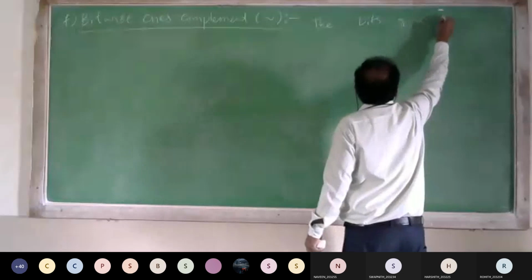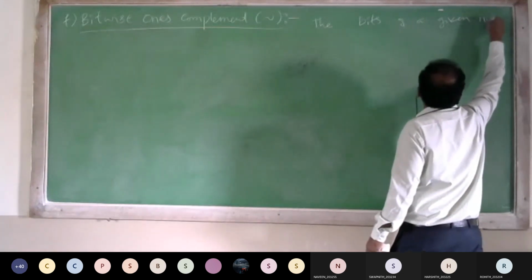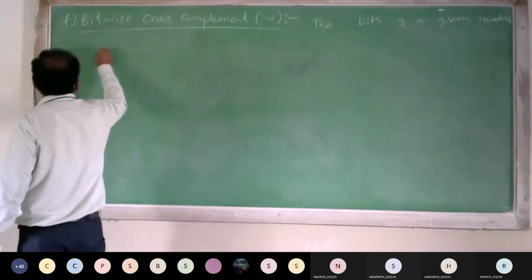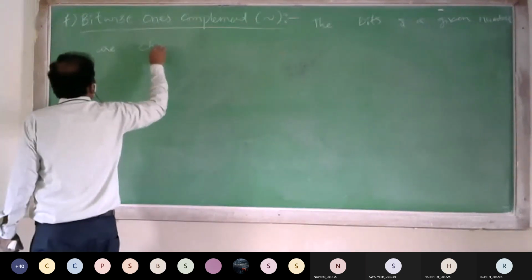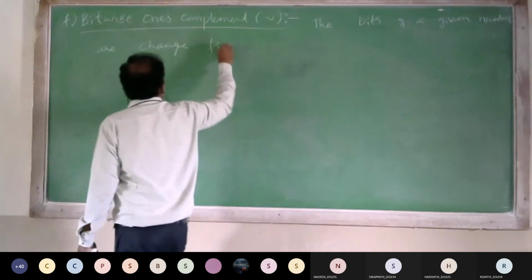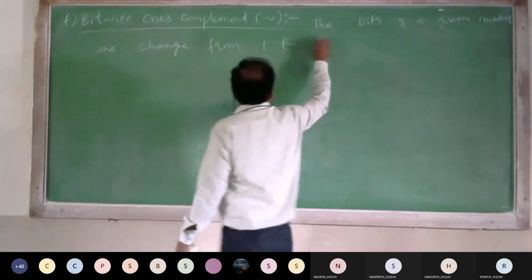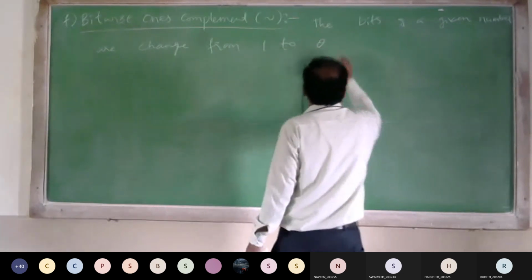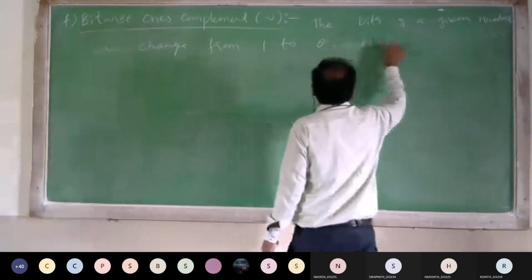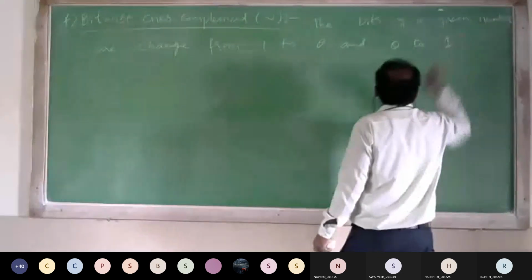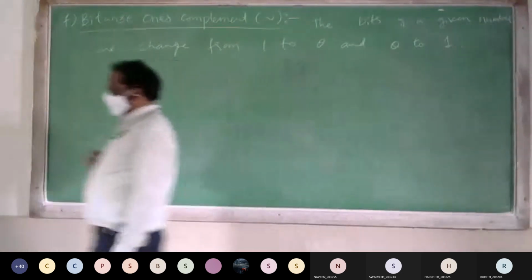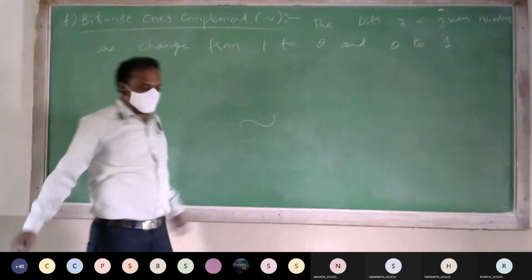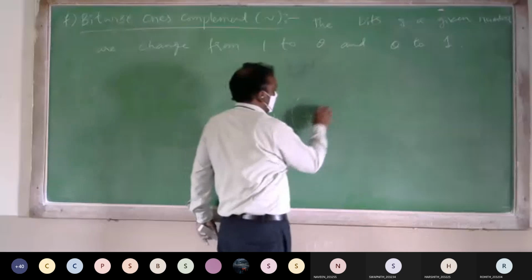The bits of a given number are changed from 1 to 0 and 0 to 1. So bitwise 1's complement. The symbol is this one, tilde. We call this one tilde.